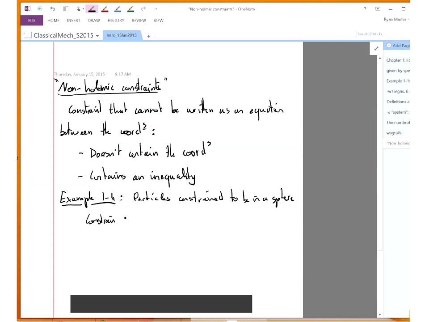And the constraint equation is that x_i squared plus y_i squared plus z_i squared, for each particle i, must be smaller or equal to R squared, R being the radius of the container. So that is an equation between the coordinates, but it has an inequality, so it's not holonomic.